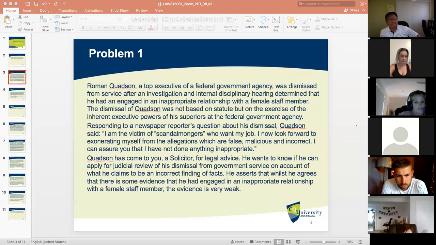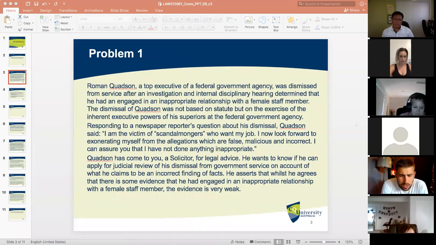Responding to a newspaper reporter's question about his dismissal, Quadson said, "I am the victim of scandalmongers who want my job. I now look forward to exonerating myself from the allegations which are false, malicious, and incorrect. I can assure you that I have not done anything inappropriate."